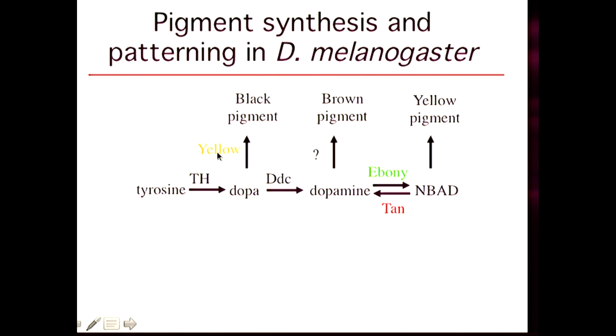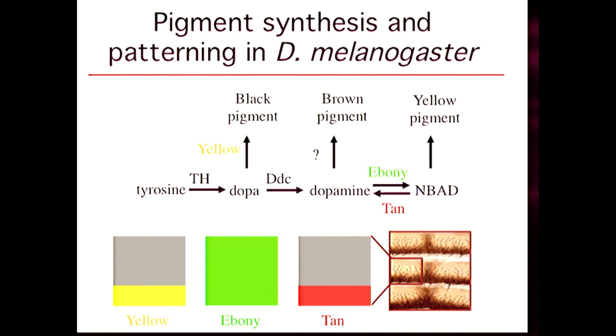If we upregulate yellow, although this one's more subtle, again, you'll see the picture in a minute, we've produced some extra black pigment at the expense of some of the lighter pigments. Okay. So we can use our knowledge of the biochemistry, the genetic data, and also this expression data to think about how development is making that simple stripe.